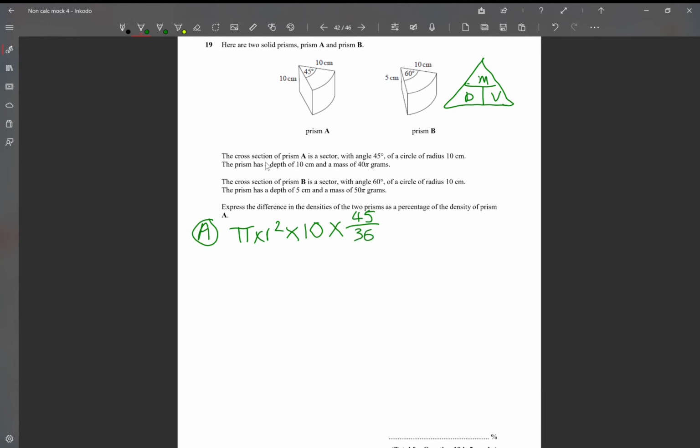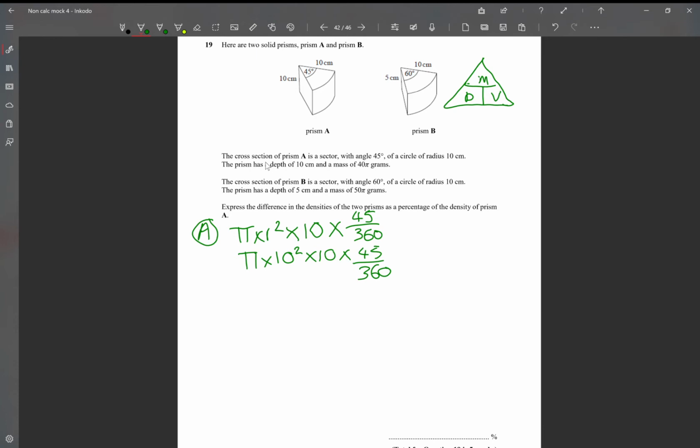It's like a portion of the cylinder. I'll put all the numbers in now: 10 squared times 10 times 45 over 360.